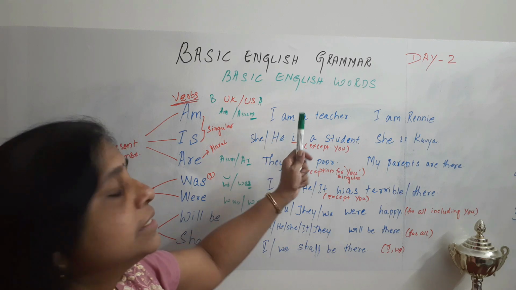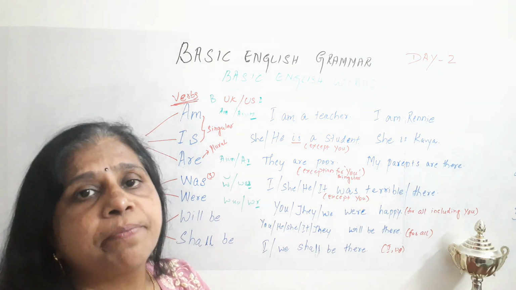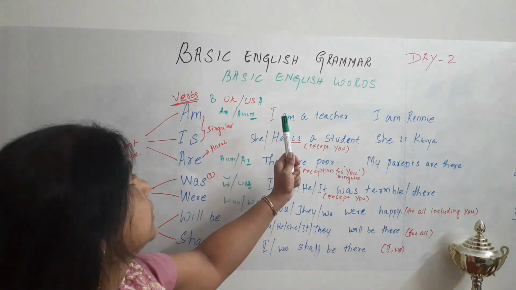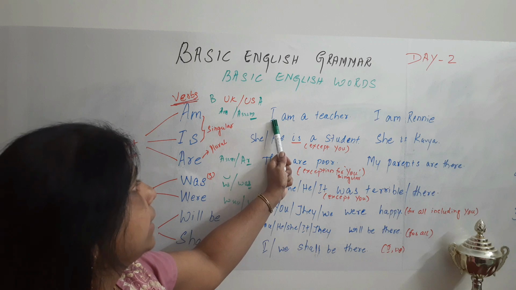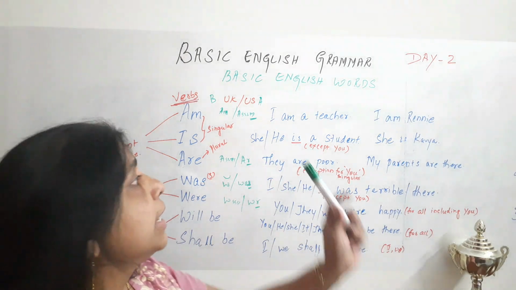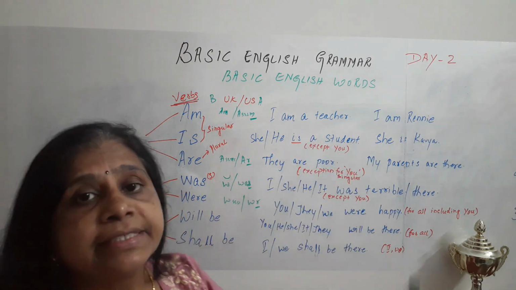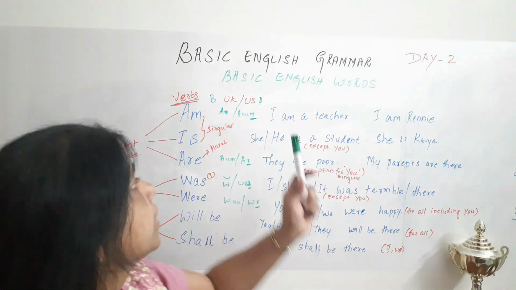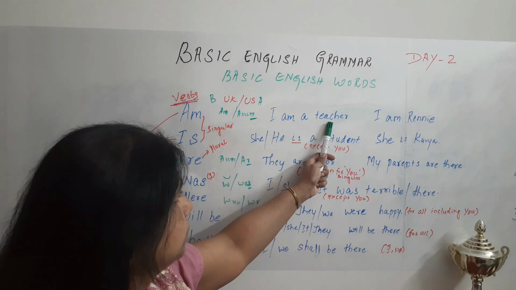For a singular person, that is one person, we use I am. Okay, and for denoting single, this is A. A means one. I am a teacher.